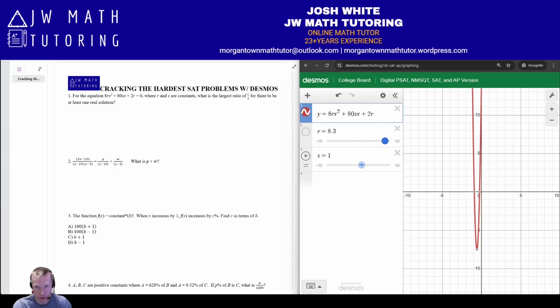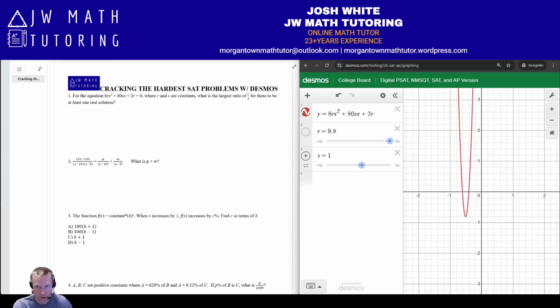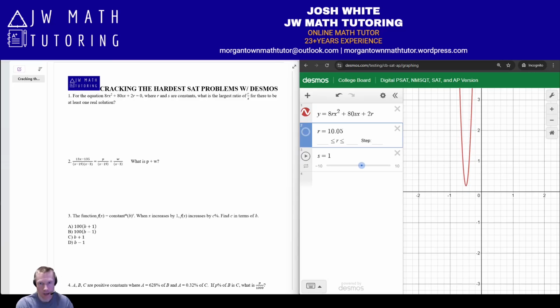Now you can see the vertex coming up. And if I scroll in here, okay, notice right at 10, we have only one solution. We have one x-intercept. However, if you go anything past 10, whatever, 10.05, notice there are no real solutions.